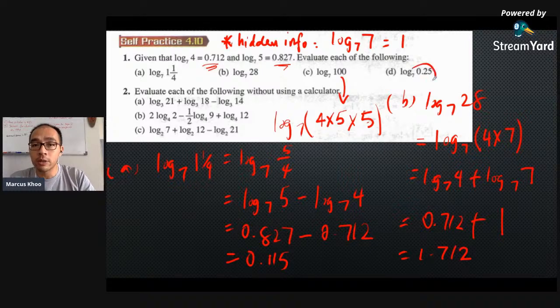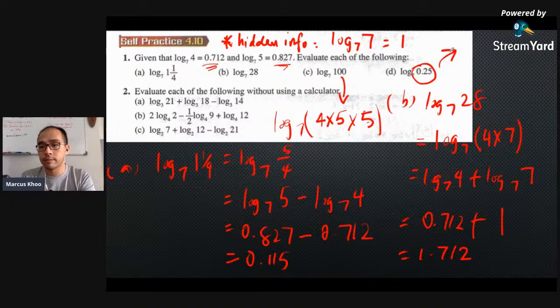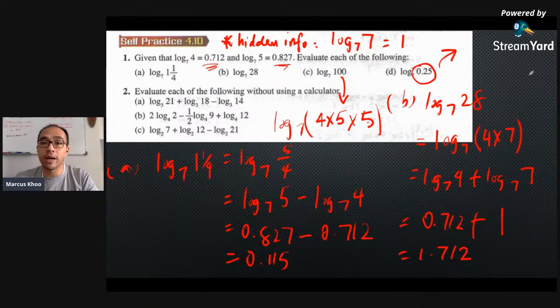Okay, what about 0.25? 0.25. I don't know. 0.25. 25 over 100. Let me see.